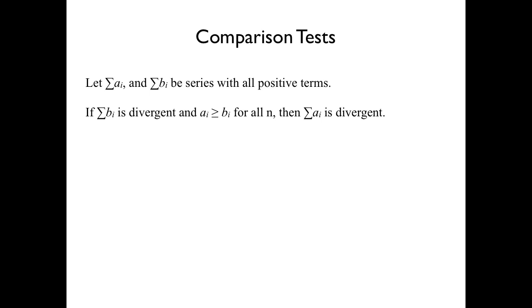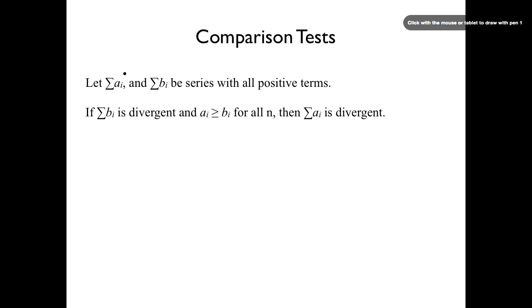Then what could we conclude about ours? Also divergent, right? You have a series you're trying to figure out, and there's another series, all of whose terms are smaller than the one you're looking at, and you know that one diverges. Then you conclude that yours diverges too.